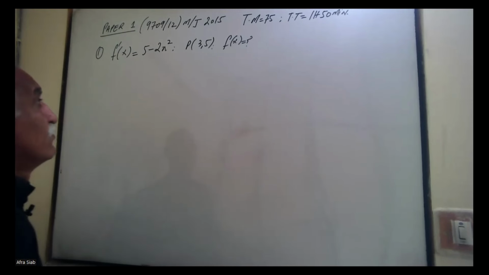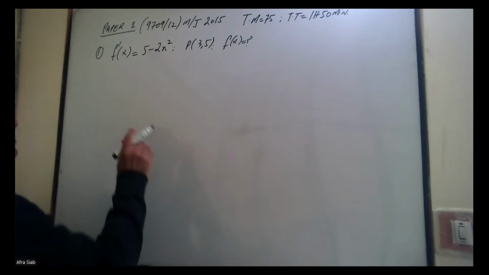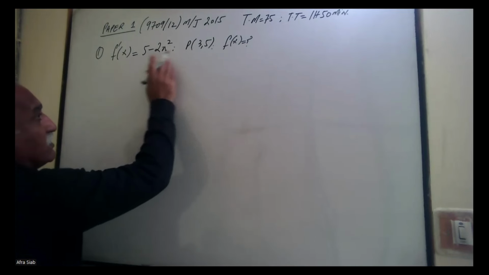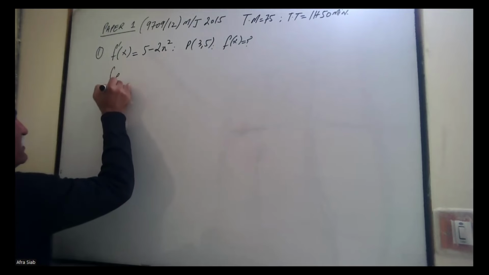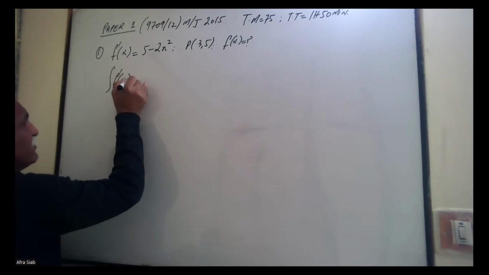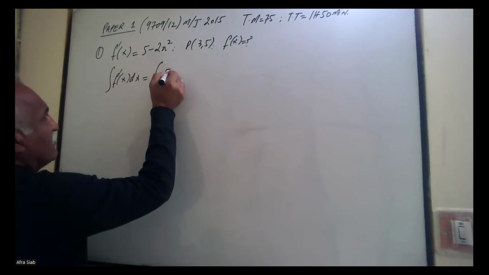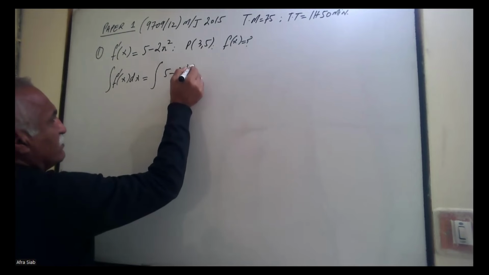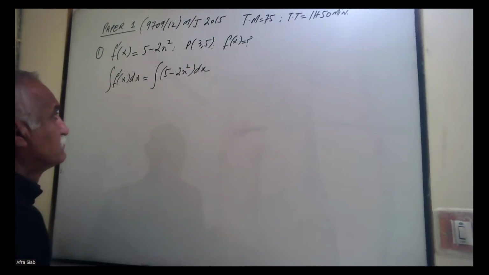So we know that if f dash of x is given, then you are going to integrate it to get the value of f of x. So we are integrating f dash of x dx, which is equal to the integration of 5 minus 2x square dx.